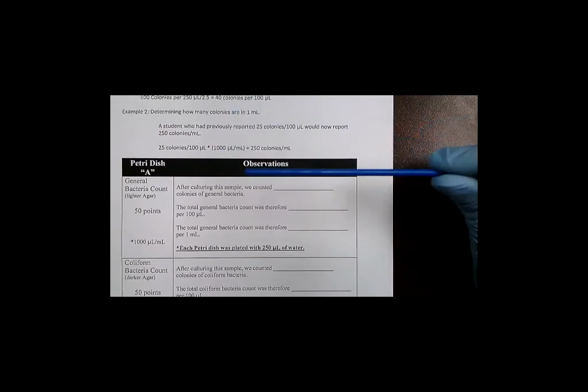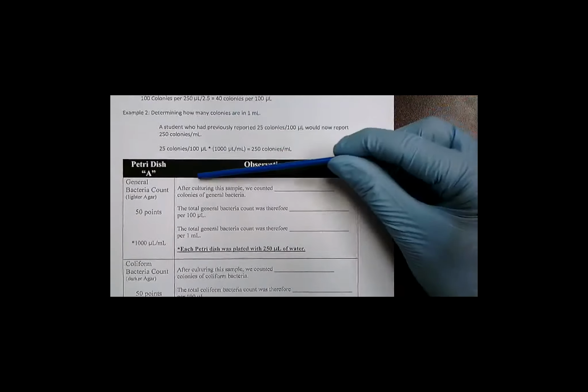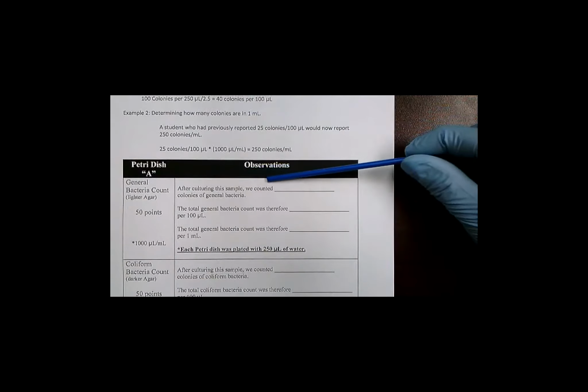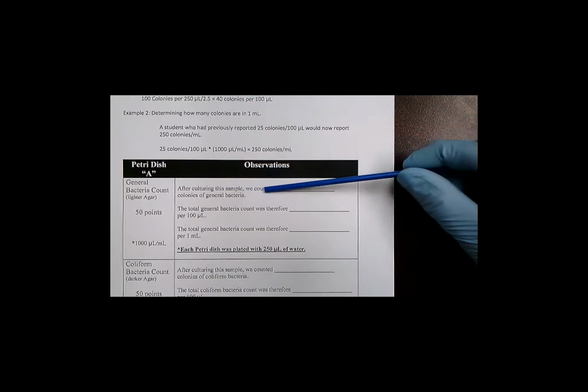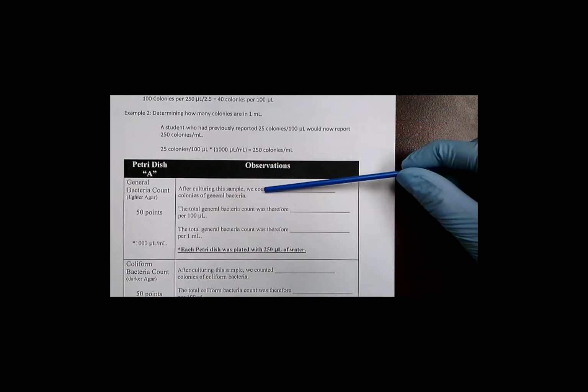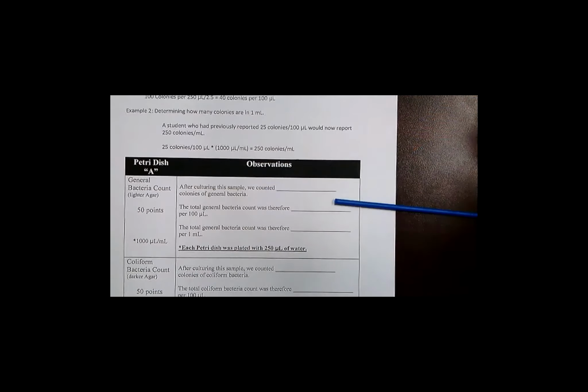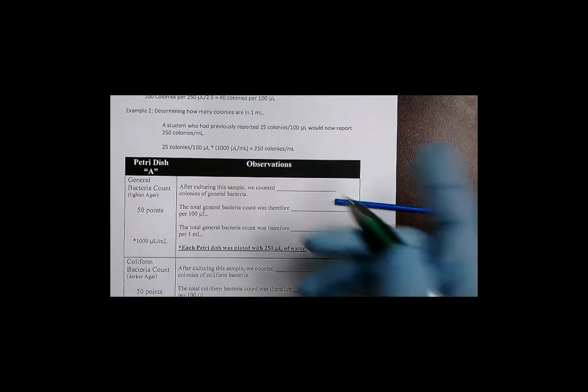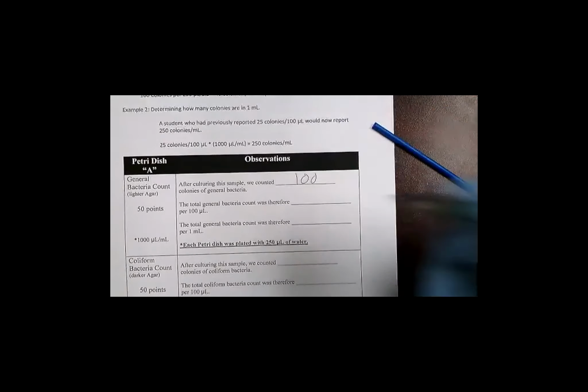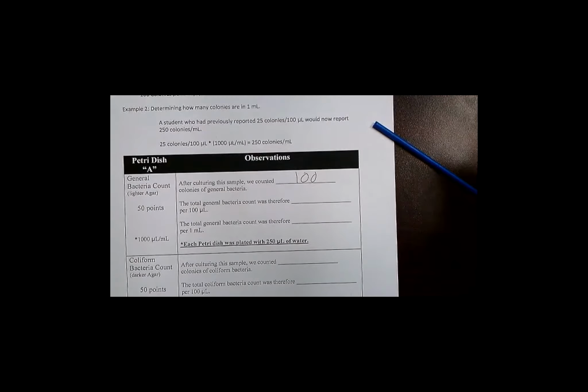And so here's what the students have to answer. After culturing the sample, we counted blank colonies of general bacteria. So I'm going to make this number up, and it's not necessarily accurate. If they came up with 100 colonies, they're going to write that there. It is the count that their team decided on, 100 colonies.